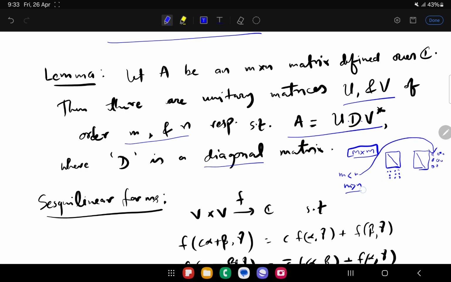If M is bigger than N, this type of D will work. So these are basically M minus N rows, extra rows with zeros.